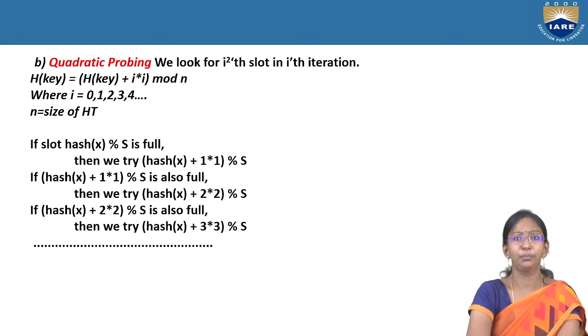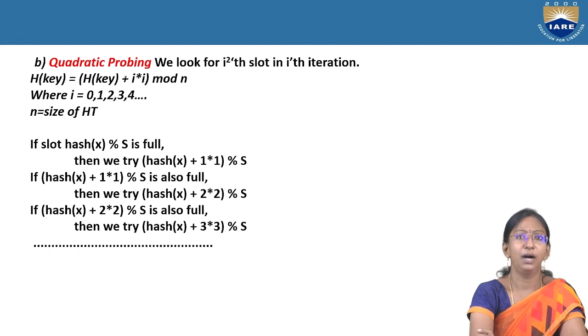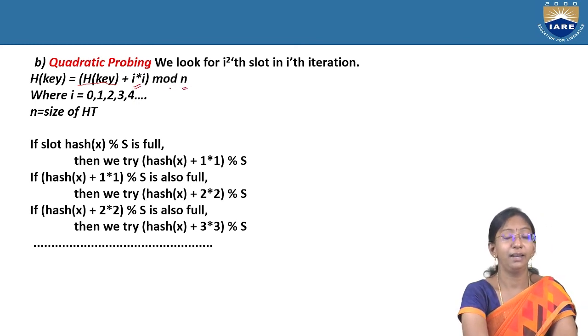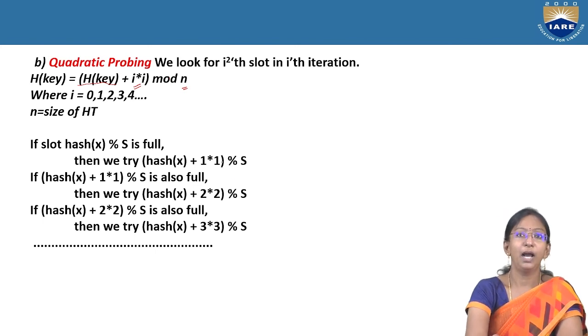In quadratic probing, have a look at this function. The hash of key plus i square mod n, where n will generally be a prime number, and the i value starts from 0, 1, 2 and so on.